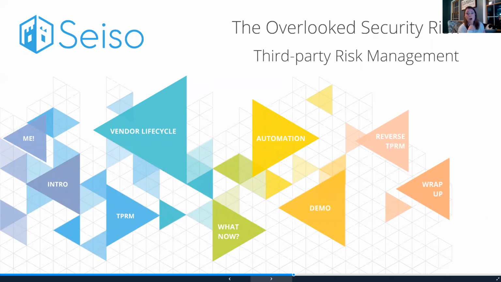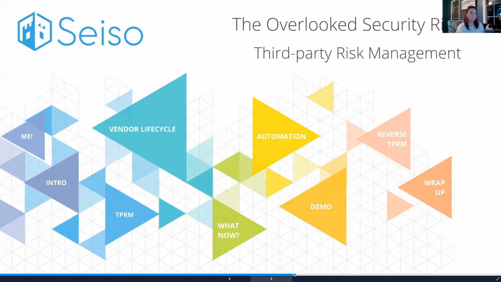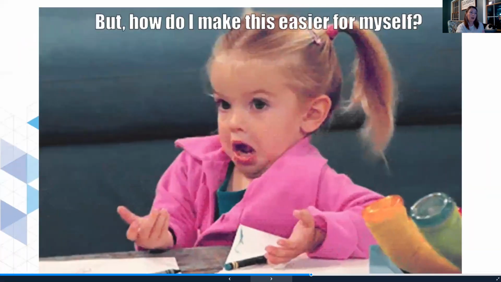I have seen a lot of vendors slip through the cracks because communication wasn't happening, people weren't getting the right training, governance wasn't in place to govern your program. So all of these things are really going to play a key role in developing this program so that it works in the way that you need it to, the way that you need to understand risk associated with these third parties or vendors.